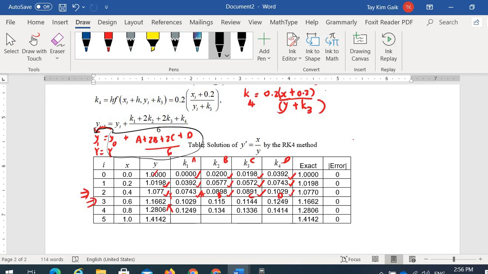So obtain K1, K2, K3, K4, you get Y2. Search back the formula to get the Y. So Y2 depends on A, B, C, D, E in row number 2. The process is repeated until you get all the desired values. So with this, thank you for the attention.